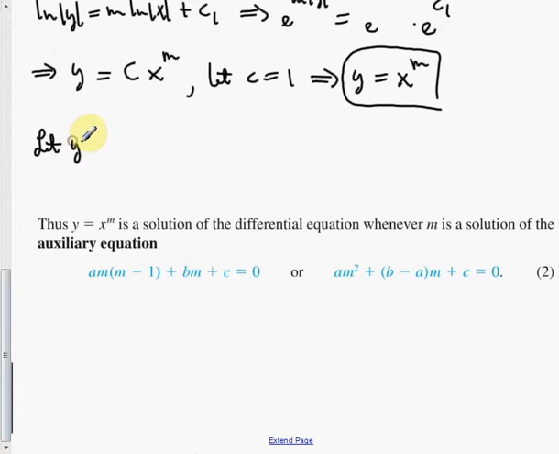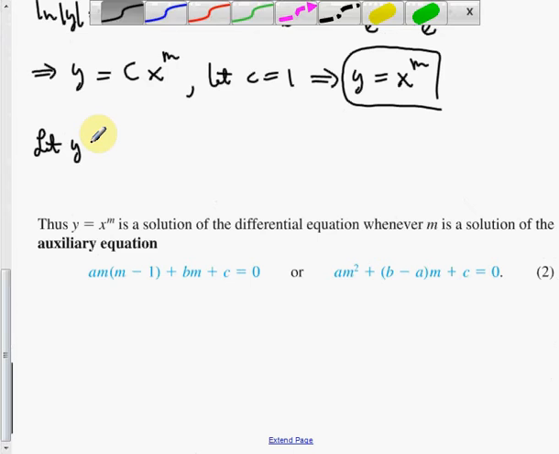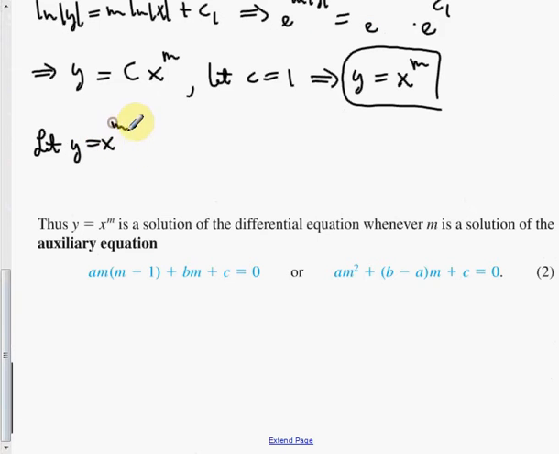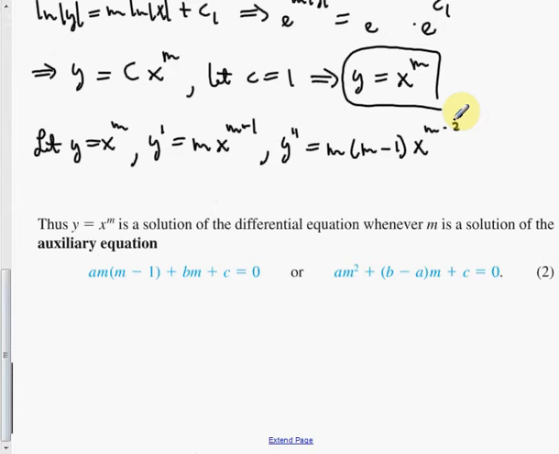Well, if you let y equal x to the m, y prime is equal to m times x to the m minus 1, and y double prime is equal to m times m minus 1 times x to the m minus 2.